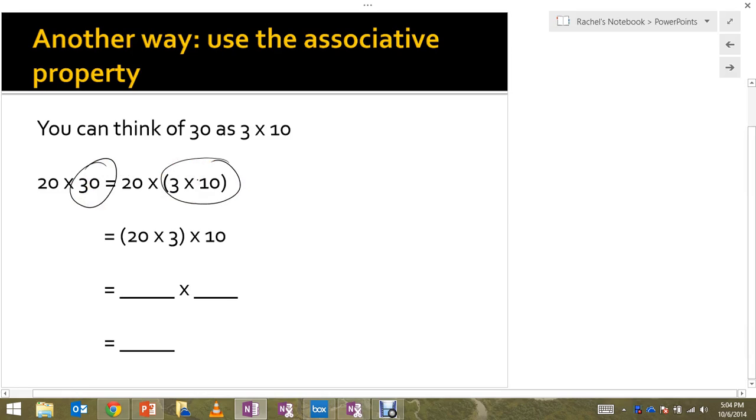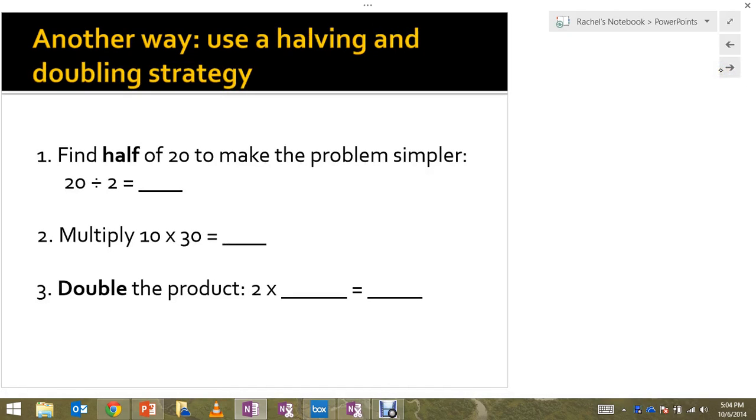That way we're breaking up 30 into 2 smaller factors that they can work with. We learned that 20 times 3 is 60, and multiplying that by 10 is 6 times 1, which is 6, and we have 2 zeros, which is similar to this last strategy.